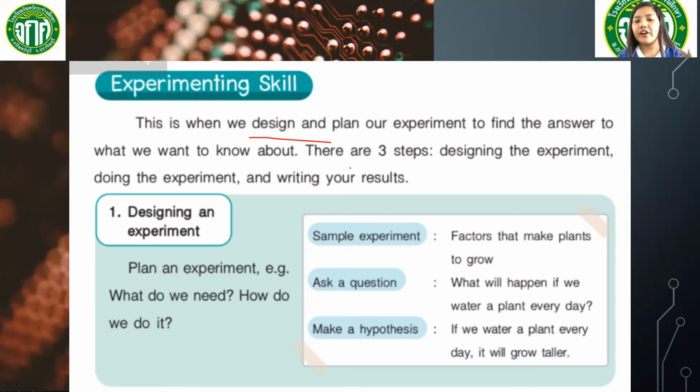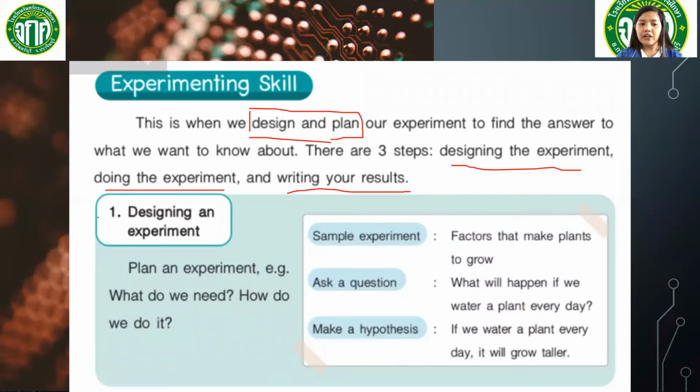So there are 3 steps. The first one is designing the experiment, doing the experiment, and writing your results. So again, experimenting skill is designing and planning our experiment.